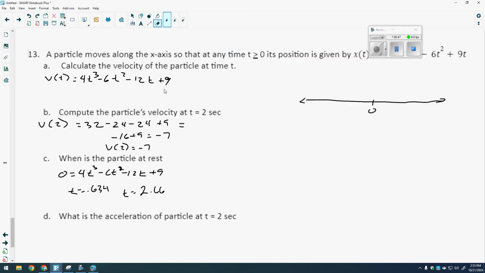Good thing I double checked. So that's our time when the particle's at rest. And again, the negative 1.5 makes no sense, going back in time 1.5 seconds.